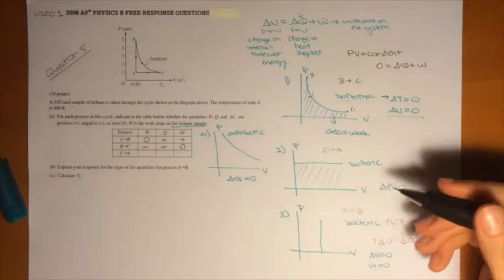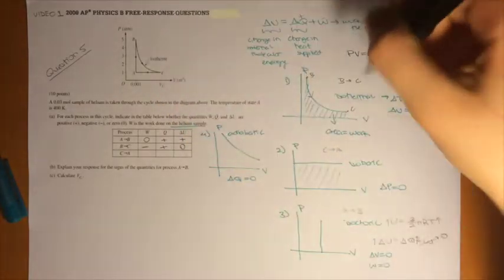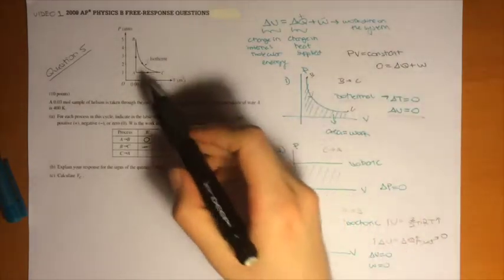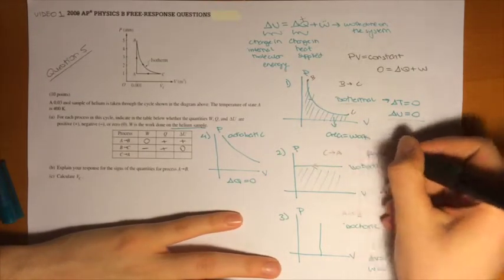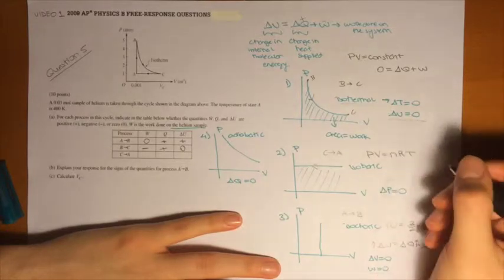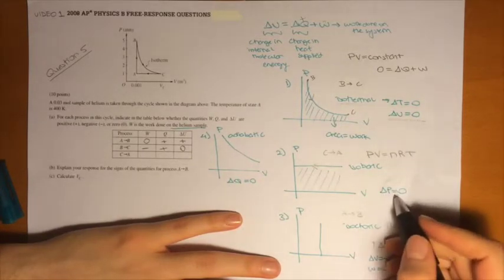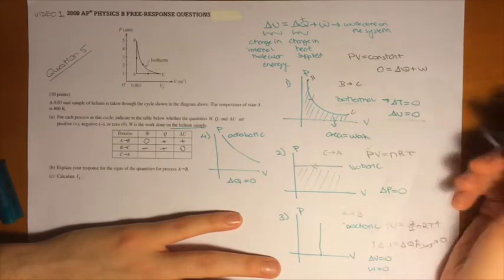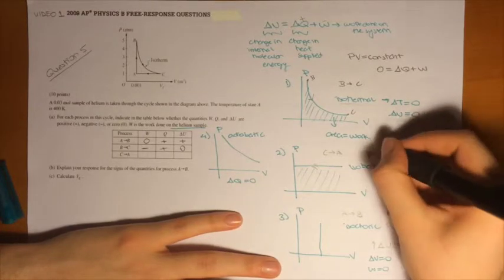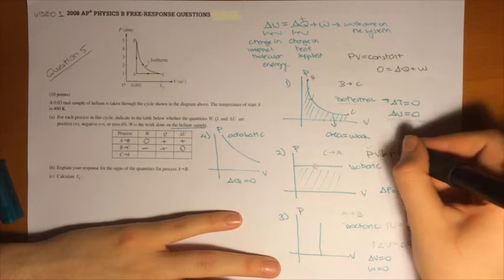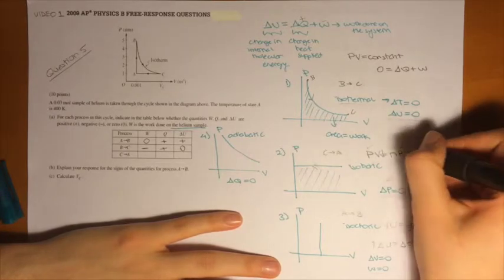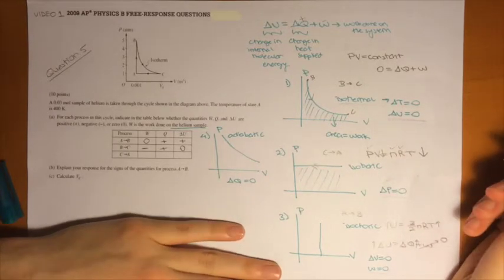From C to A, it takes the isobaric path. In an isobaric process, I can write the ideal gas law, PV equals nRT. In here, delta P is 0, so P is constant. V is decreasing, and n is the same, R is the same, so T should also decrease.